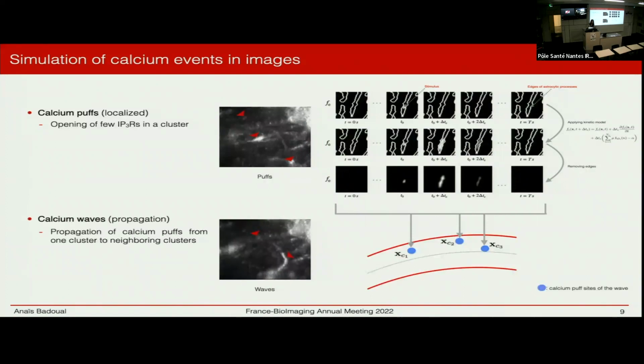Actually, it corresponds to the propagation of a calcium puff from one cluster through the neighboring cluster. And to model it in our image, we developed a geometrical model that finds the center of each cluster belonging to the wave. And then at each center, we simulate a calcium puff as we just did before.